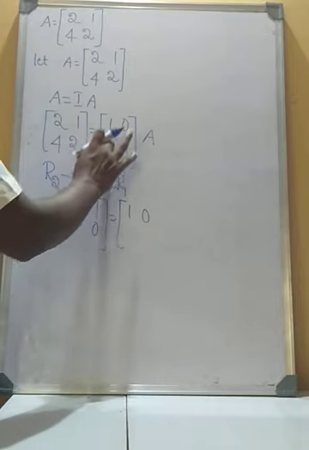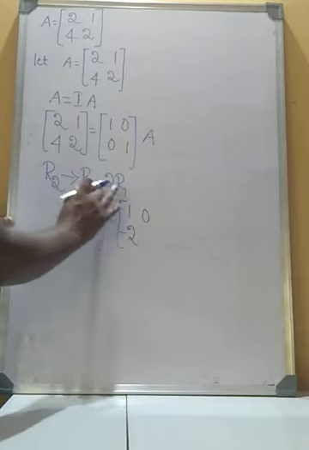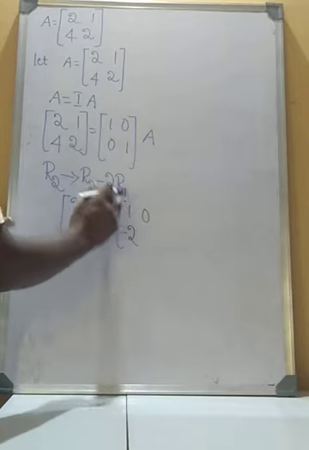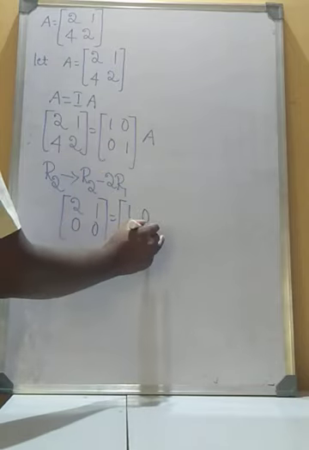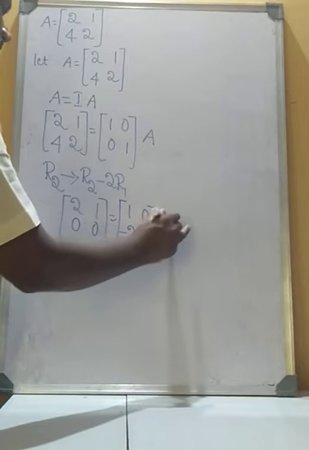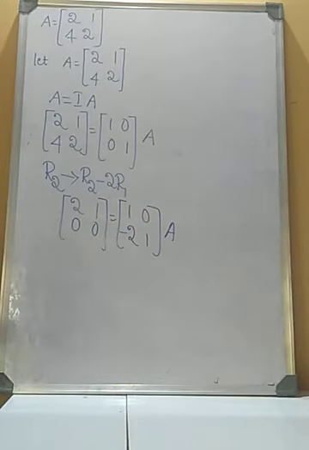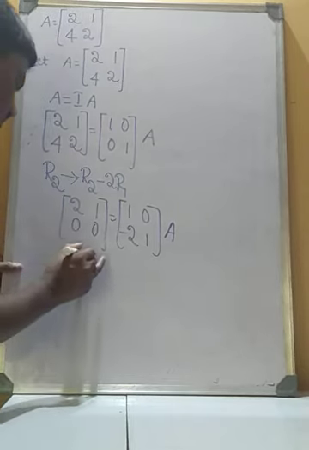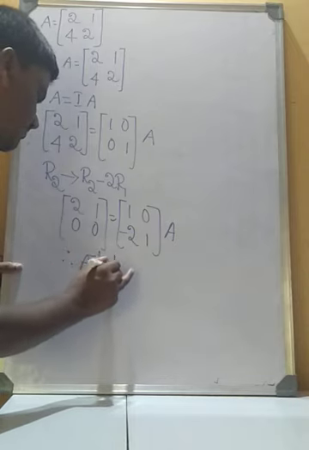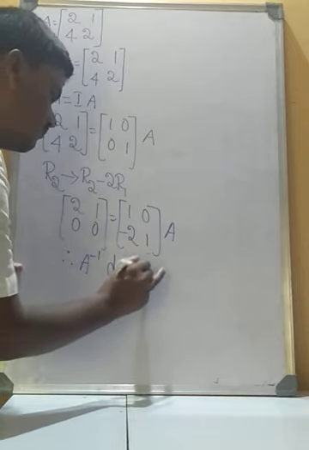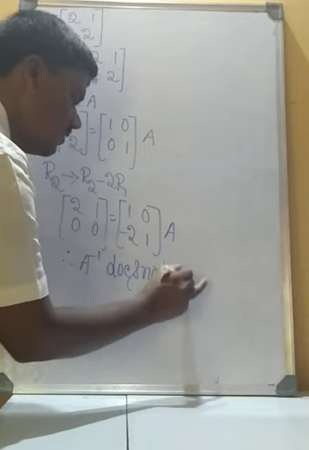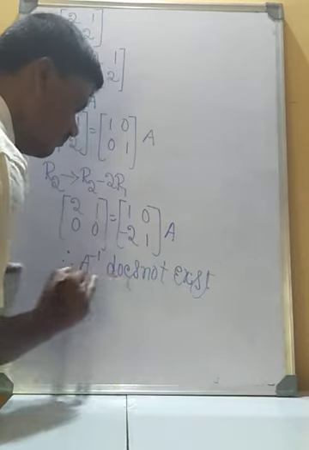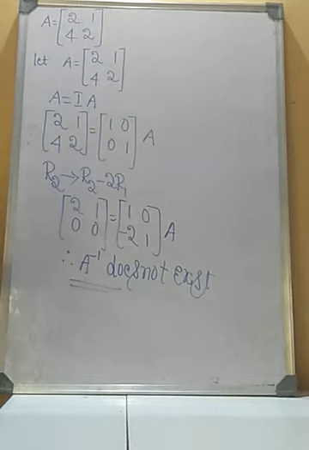So R2 is 0 minus 2, minus 2; R2 is 1 minus 2 into 0, 0, that is 1, into A. Here also all zeros in the second row of the matrix on the left hand side. So therefore A inverse does not exist. Okay, stop here. We will continue in the next class.